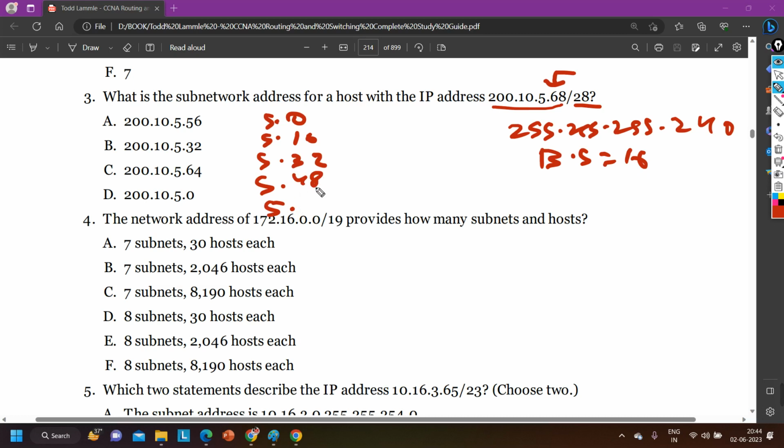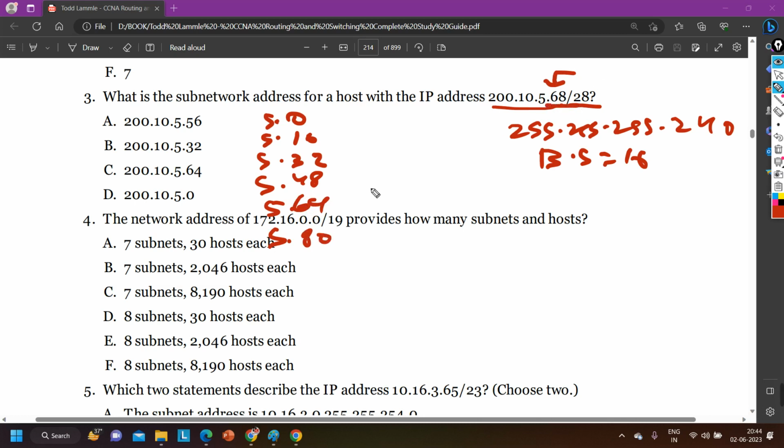Here you need to add block size, 16. And the next network will be 5.64 plus 16, that is 80.